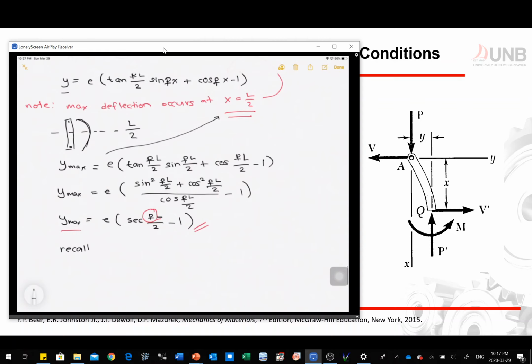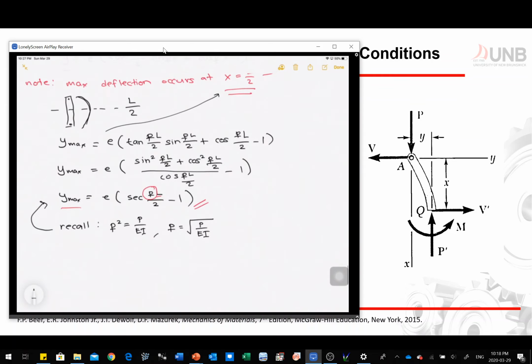So recall small p squared is equal to P over EI, or we can also say that small p is equal to square root of P over EI. Now substitute it back right there.